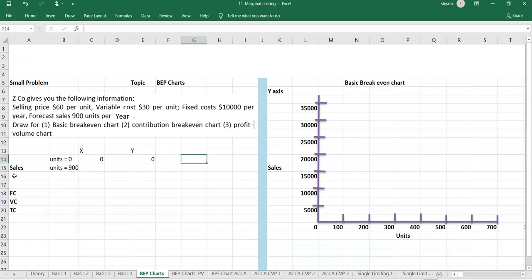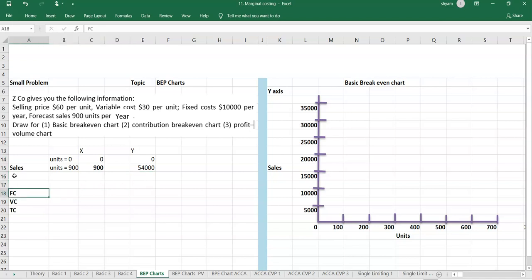So the coordinate would be 0 comma 0. And if the sales is going to be 900, then the amount would be 900 into 60, which is 54,000.